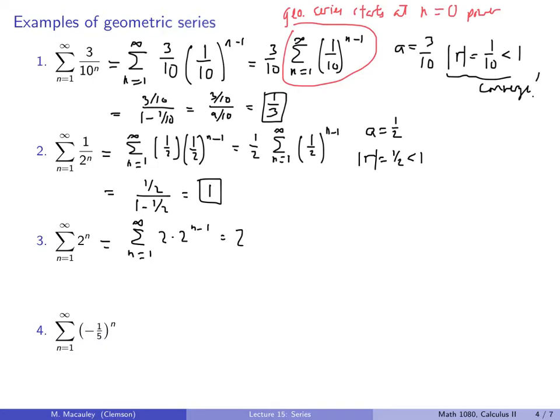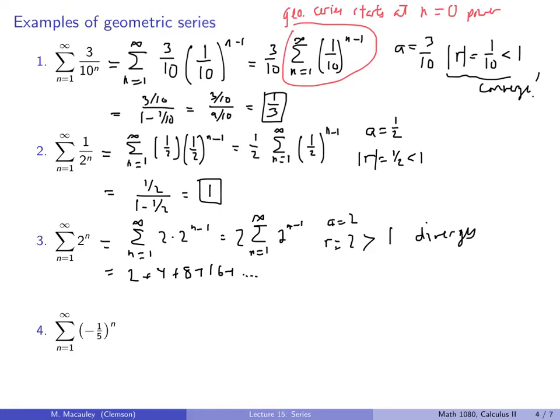So let's be consistent: if a is 2, r equals 2, which is greater than 1. So this diverges. And that's clear, because this series is 2 plus 4 plus 8 plus 16 plus so on, and there's no way that's going to equal anything finite.